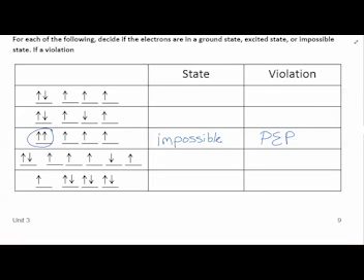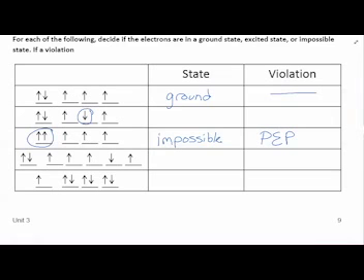So again, if something's in the ground state, it's what we would normally write for the electron configuration. So if you take a look at the first one here, this is an expected electron configuration for something. So this would be in the ground state. If it's in its ground state, it's not going to be violating any rules. So in the second example here, we have 1 electron that's spinning opposite the other 2 in a p sublevel.